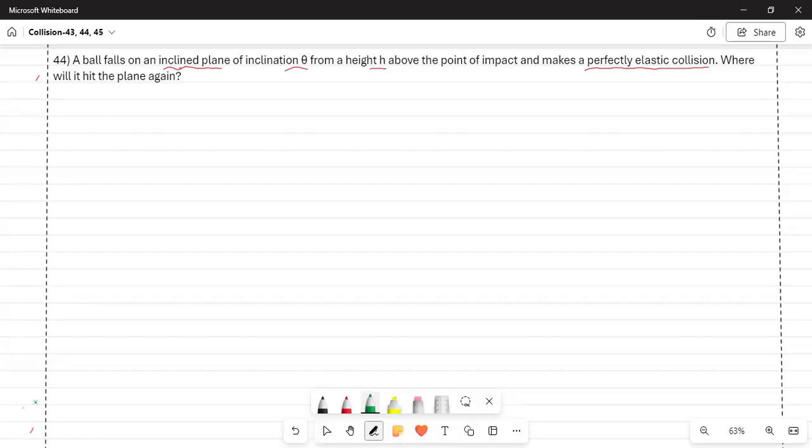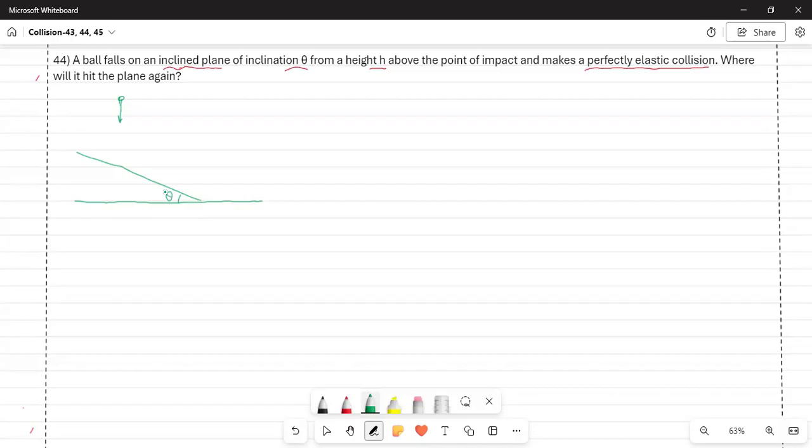Here you find the plane on which the ball falls, this is the ball which falls. The plane on which it falls is an inclined plane, and the inclination is given to be theta.